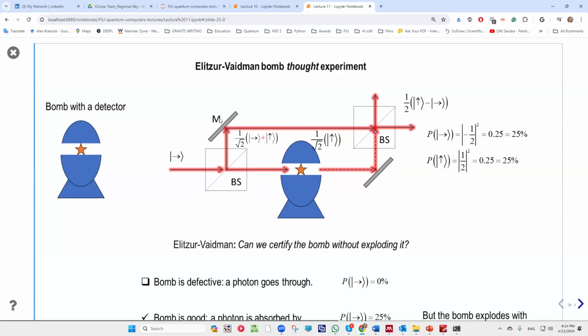So this experiment has been done, and the results confirm this logic.